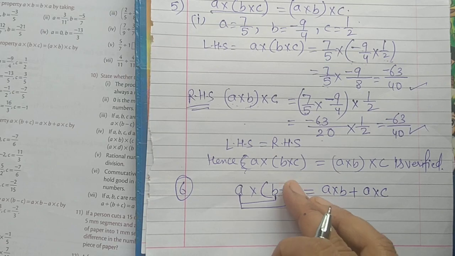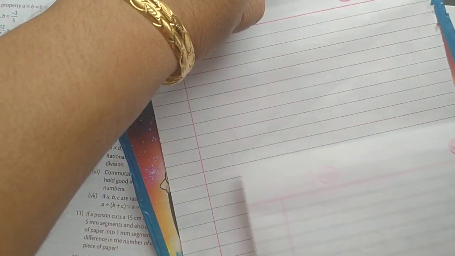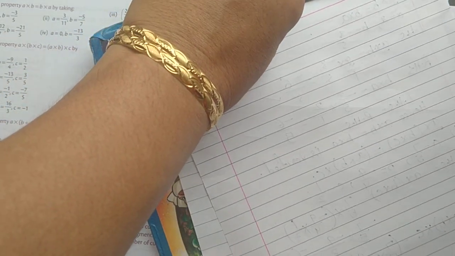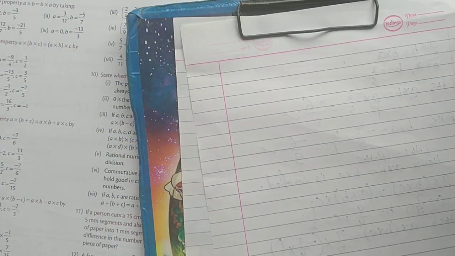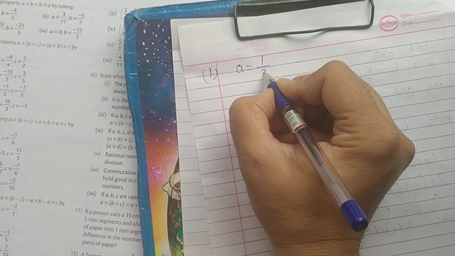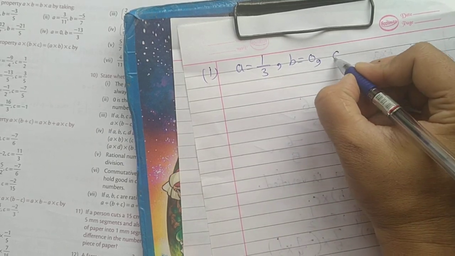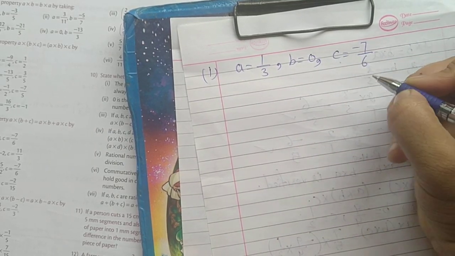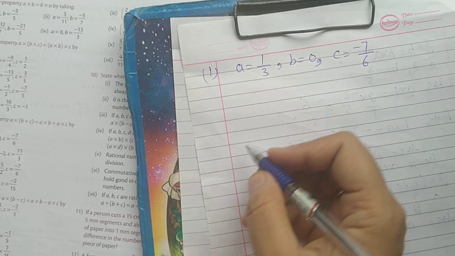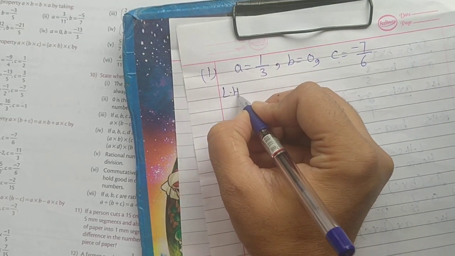So let us do first part. So first part is A is equal to 1 upon 3, B is equal to 0, C is equal to minus 7 upon 6. So let us take left hand side.